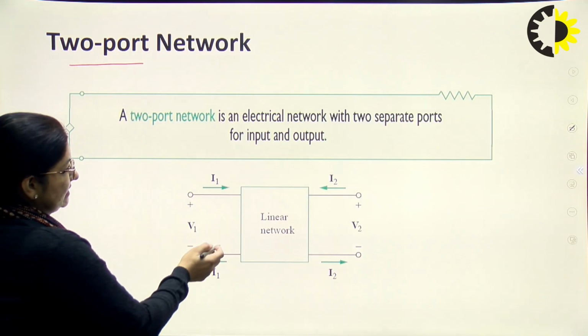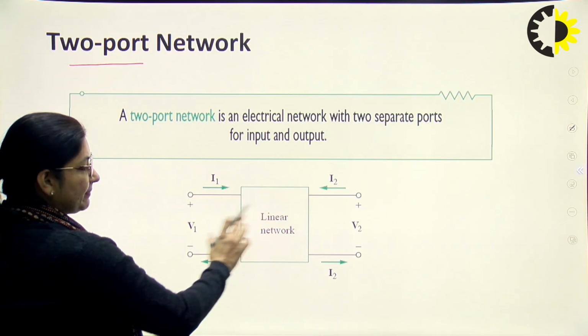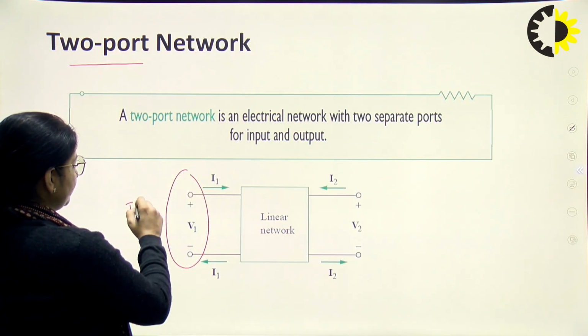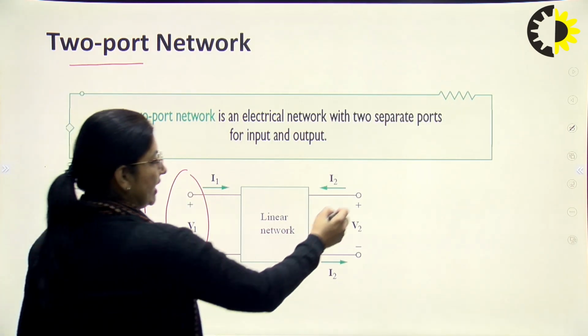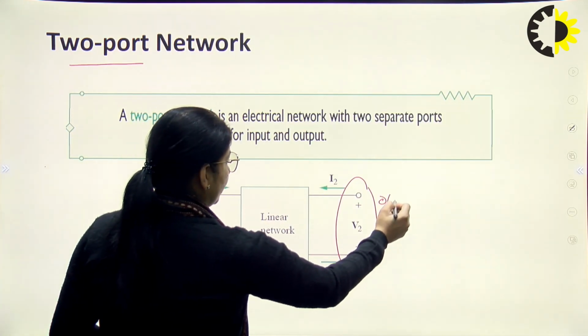Two ports means this is an electrical network with two separate ports. One port is dedicated for input, and the other, that means the second port, is dedicated for output.